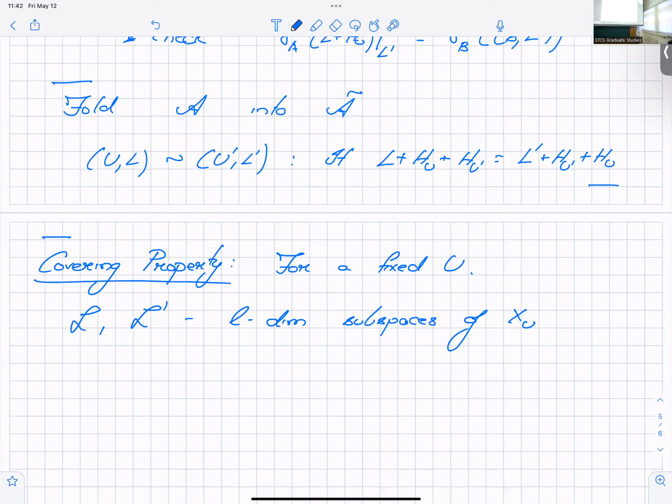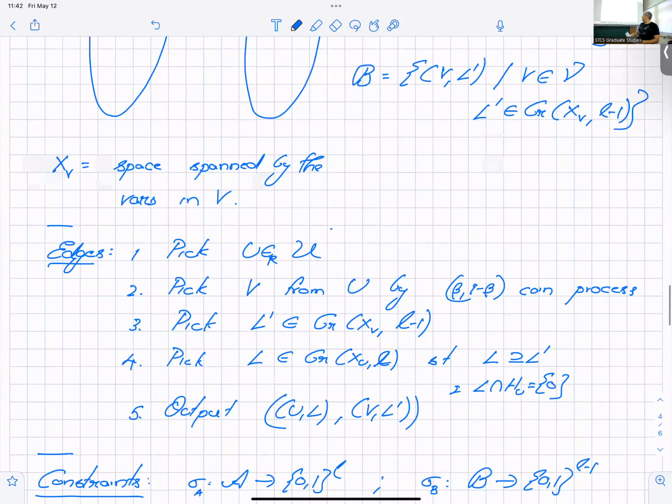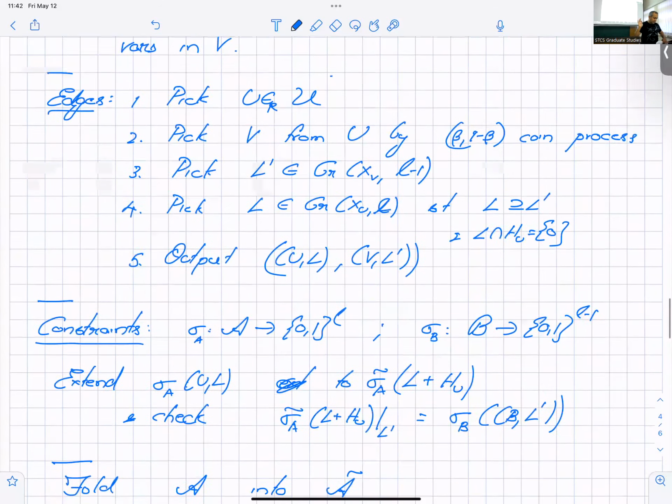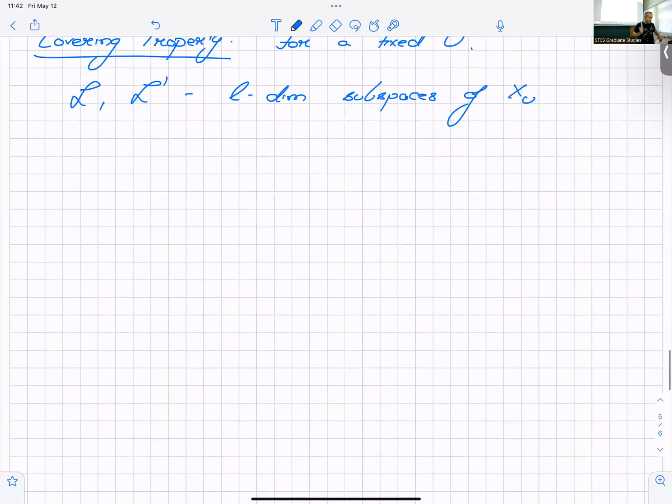I started off writing it in one way, and that was not the way. Remember, initially I thought I first pick L and then pick an L prime, but no, I decided to go with L prime this way. So L and L prime are going to be these two distributions.